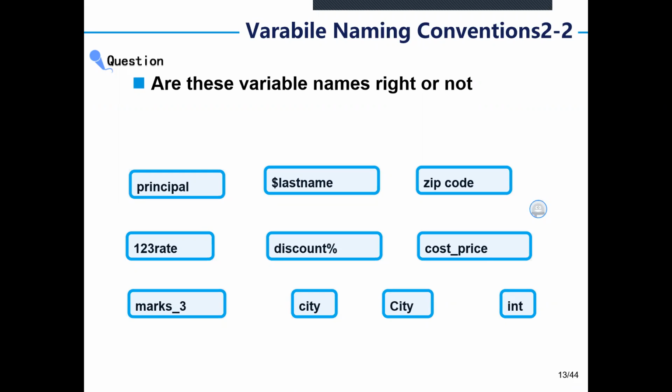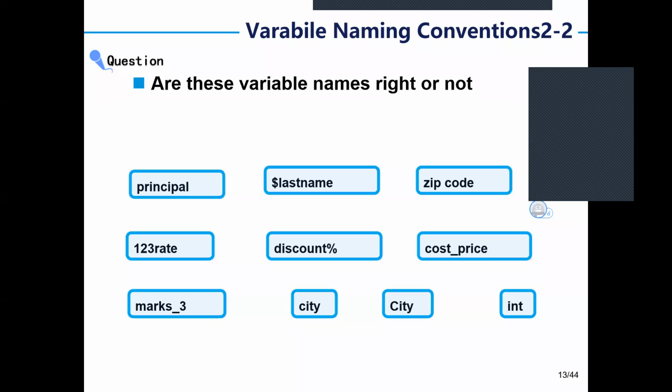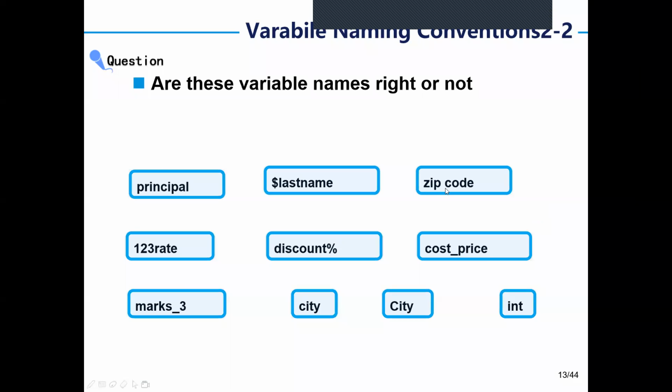Actually, zip code is wrong, and 123rate is wrong because there is a space between zip code. Yeah, zip code is wrong. White space in the variable name. 123rate is wrong. Why? Yes, we cannot write the numbers in front of the variables.